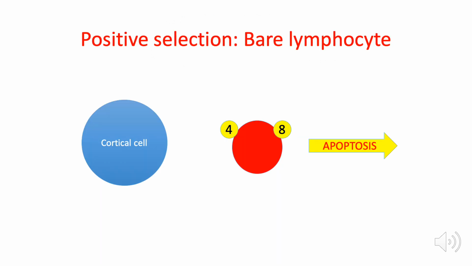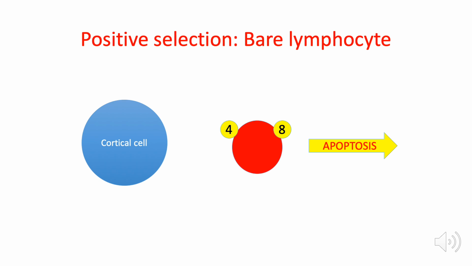The absence of MHC class 2 in bare lymphocytes will also have an effect on positive selection. So the cortical cells will not be able to present antigens using MHC class 2. And what will happen? The double positive thymocyte or T cell that is supposed to give rise to CD4 positive T cells will not be able to react to the cortical cells.